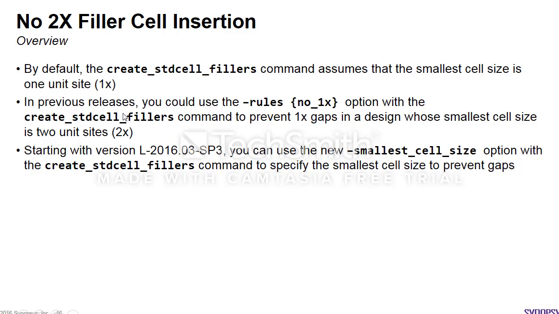In the previous release, we had a dash loop for no 1x, and then we enhanced the tool to have a small size cell, for example 2x, and we have a capability up to 3x for the smallest cell size, as an option for create standard cell feeders.